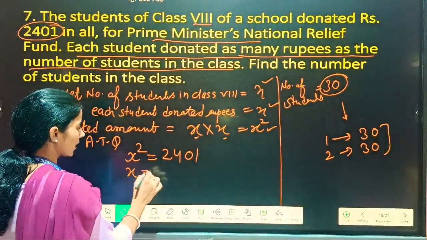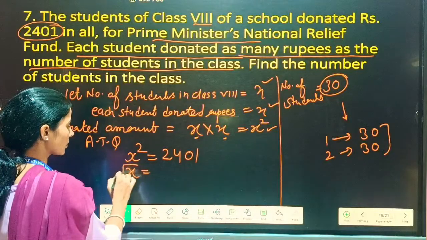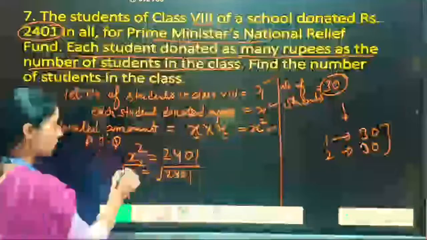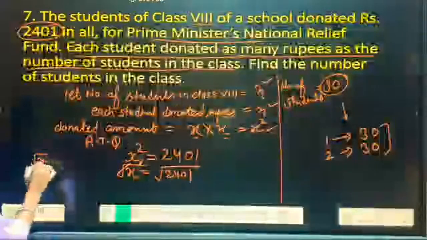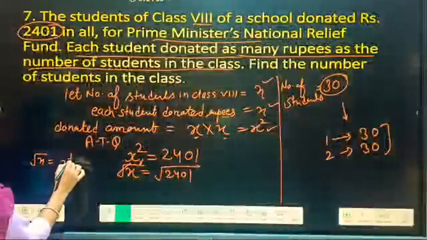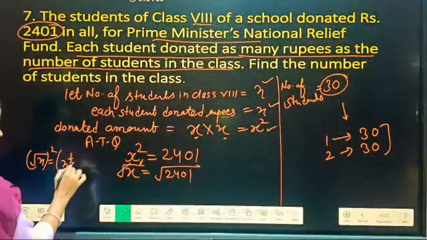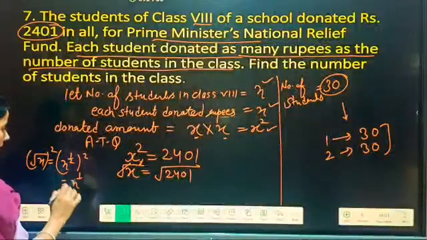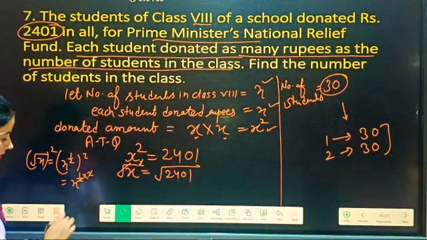Taking square root on both sides, this square and square root will be cancelled. X square root means X raised to power 1 by 2, and then its square, so the powers will multiply. This 2 and 2 will be cancelled. Answer is X.